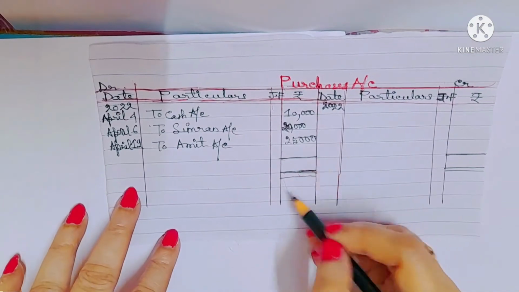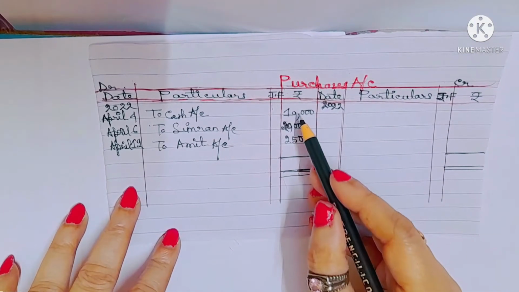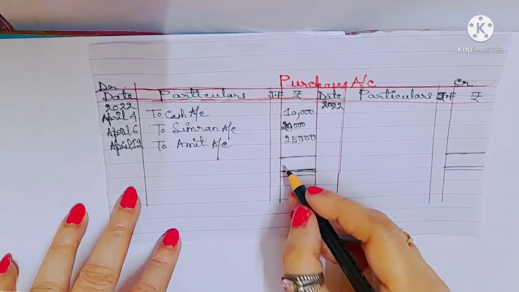Okay, which side is greater? Debit side. 10,000, 20,000, 25,000, that means 55,000.